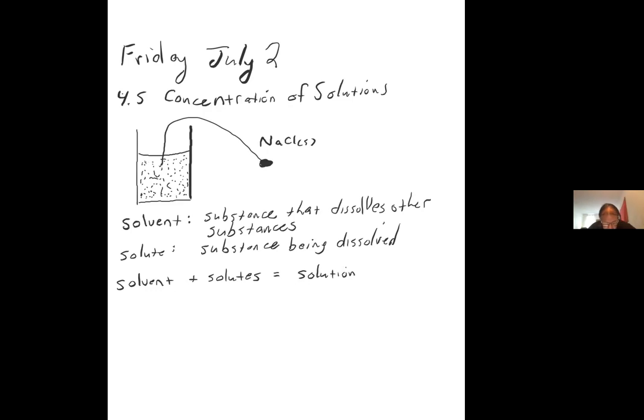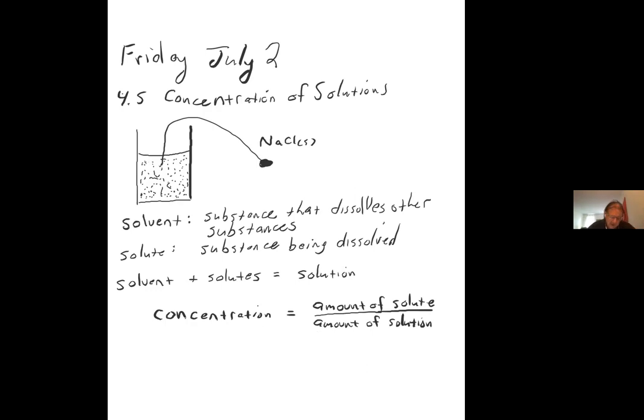Okay. So what we're going to do in this particular topic is look at how we calculate how concentrated those solutes are. So it's concentration that we're concerned with. There are different ways to define concentration, but one way is to say that concentration is, I'm going to write it as an equation, the amount of a solute, so the amount of sodium chloride, divided by the amount of solution.